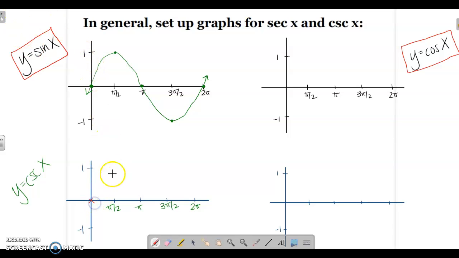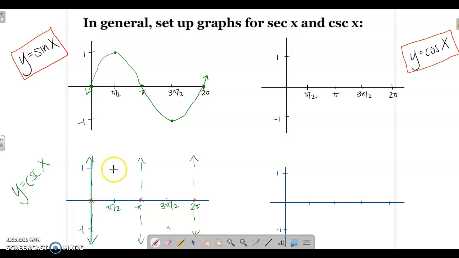It used to start here, go up, come back down, and then back to the midline again. So anywhere that you have something that's on the midline, we are now going to make that a vertical asymptote, right? Because the output here was 0, the reciprocal of 0 is undefined. So you're going to have a vertical asymptote on that y-axis, which I know is kind of hard to see, also on pi, and then 2 pi.